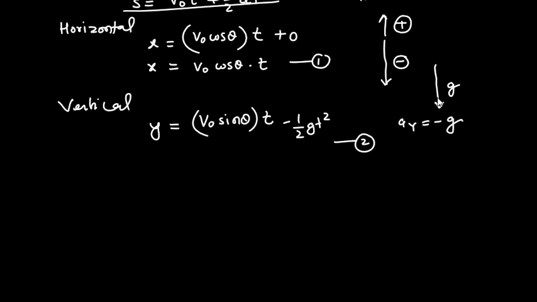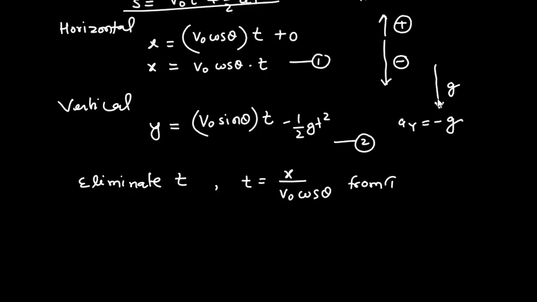Now from equation 1 and 2, what we can do, I can eliminate t, and we can eliminate t by just putting the value of t. t is equal to x upon v naught cos theta. This is the value from 1, and then put this value in 2.